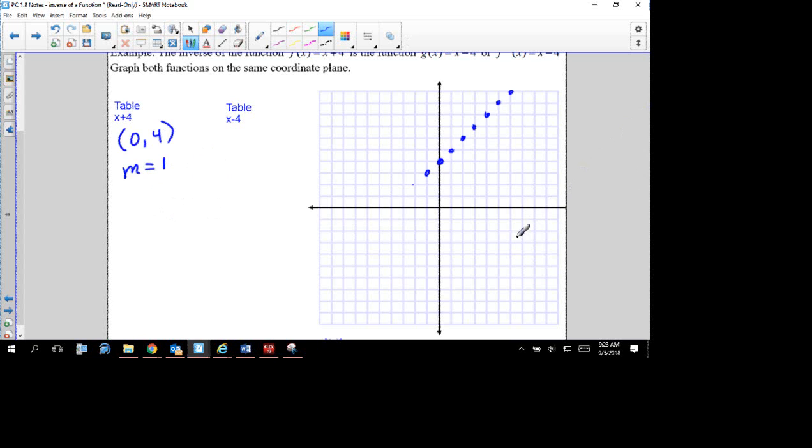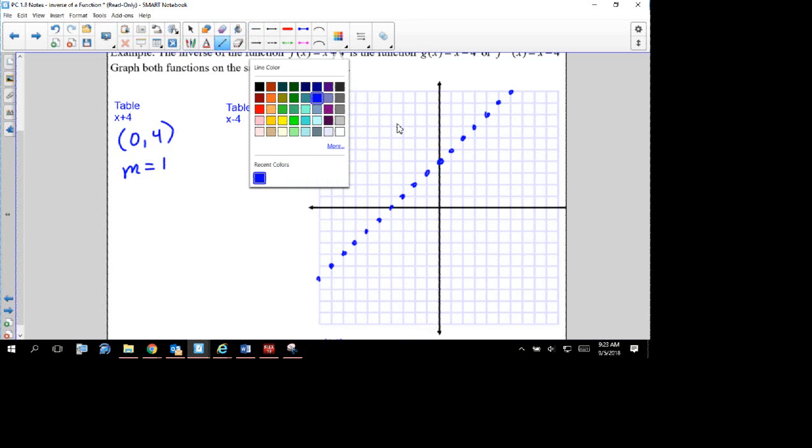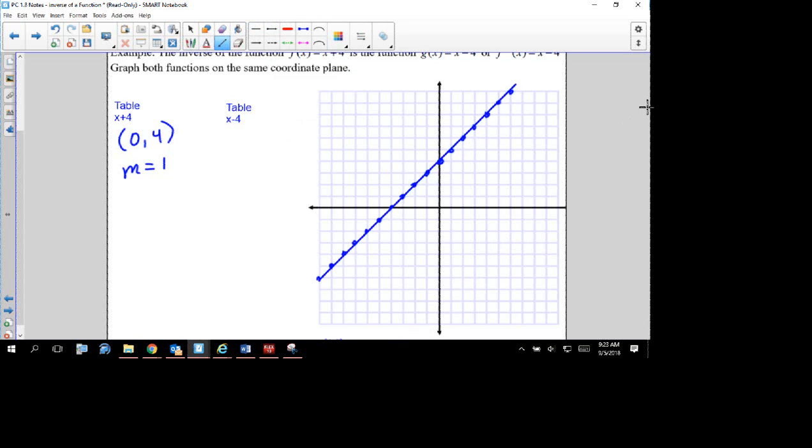Okay, I'm going to do that real fast because we've already taken a quiz on that. It's Algebra 1 content. Same thing with x minus 4, we would begin at (0, negative 4), use our slope.